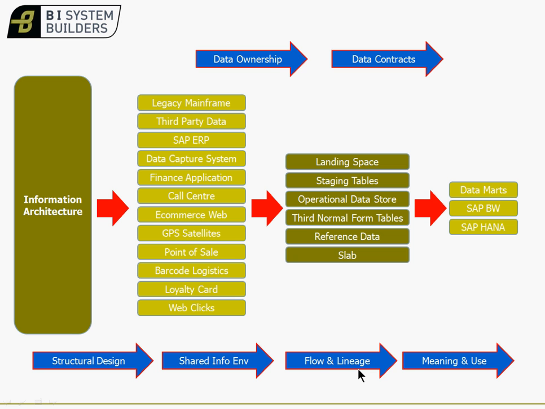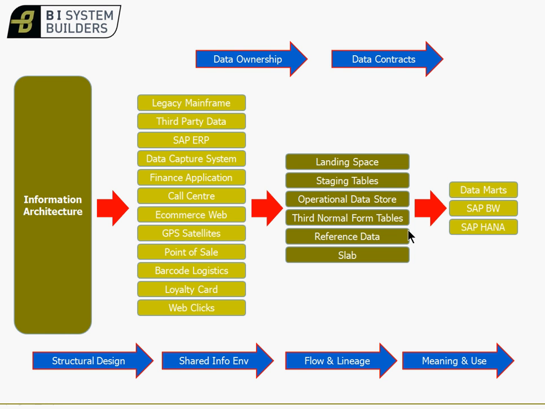We need to consider in the information architecture and talk about the data flows and the lineage of that information through the business, and the meaning and use of that information. What does the information mean? Where is it explained? Do you have a clear nomenclature or taxonomy, glossary of terms?